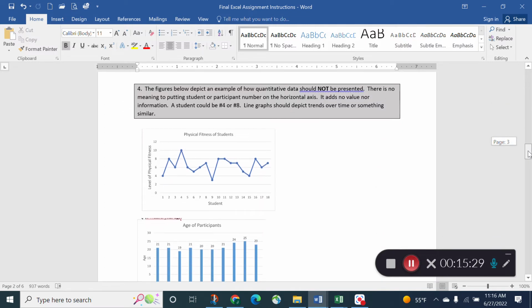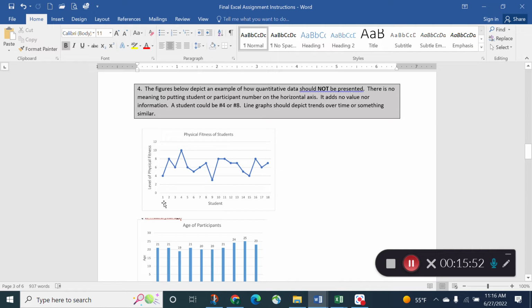Okay, so here are some ways that piggyback on number 2 up there, where or how you should not present data. So this may look very similar to graph number 2, but it's all in the details of what's on the horizontal and vertical axis.